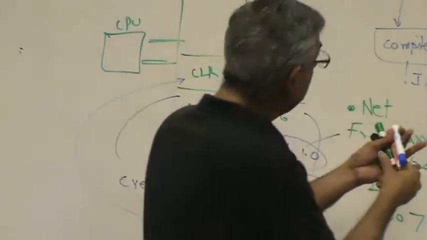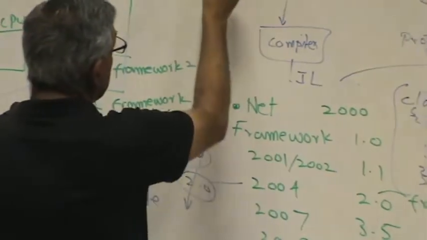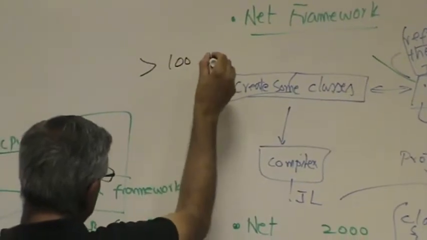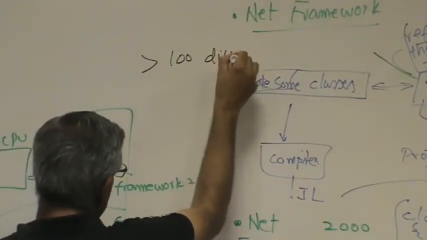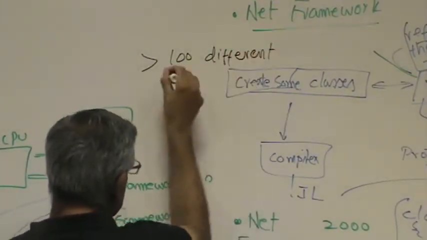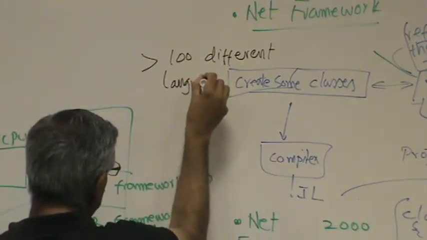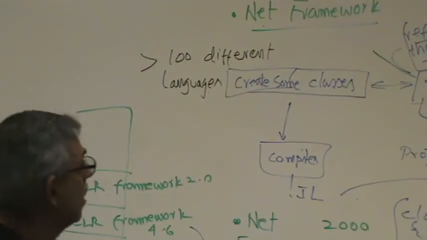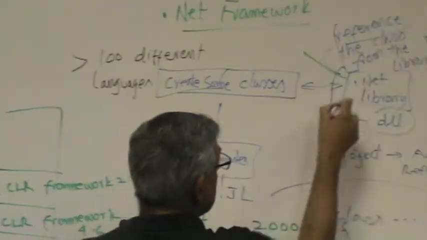Another small comment was that, as I mentioned, there are over 100 different programming languages that we can program under the .NET. And all these languages share the same library.